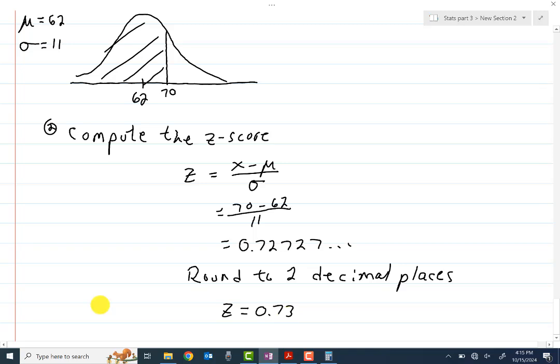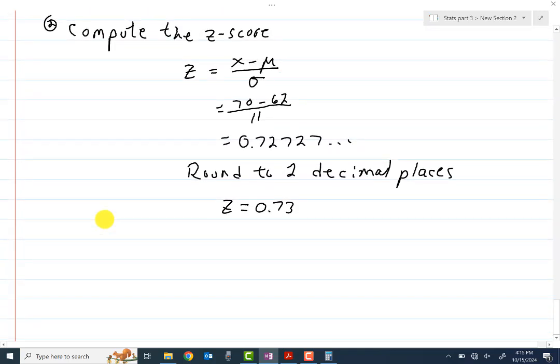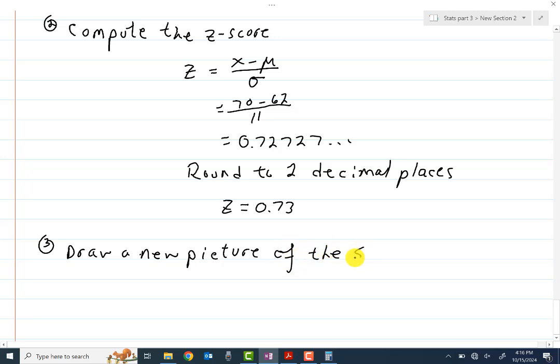Now, third, draw a new picture. You're going to use the standard normal distribution.